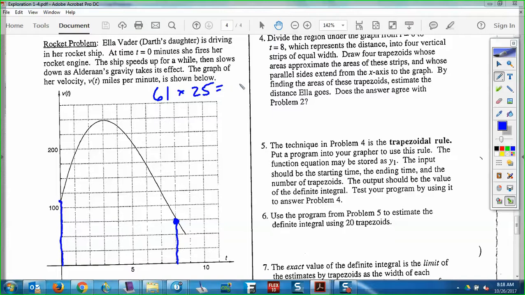So what is that? 1,000, and this was in miles. Okay, this was miles per minute, wasn't it? So 1,525 miles. So that's this area under here, counting squares, right? All right, so that'd be one way to get the area. But what would be another way to get the area is the problem in this worksheet.